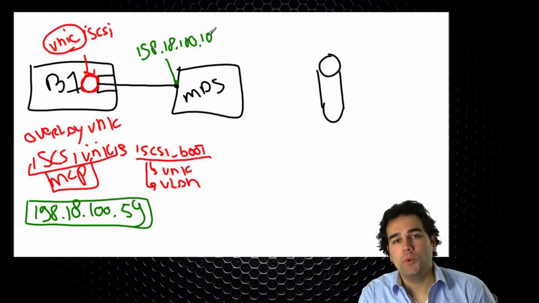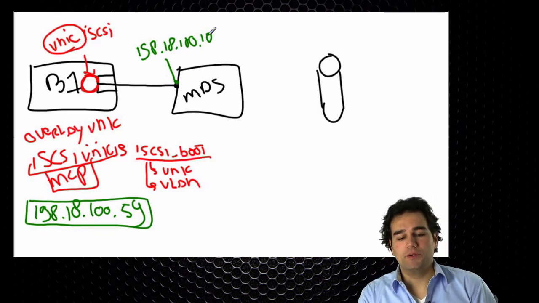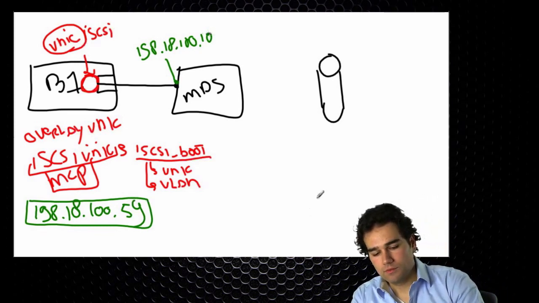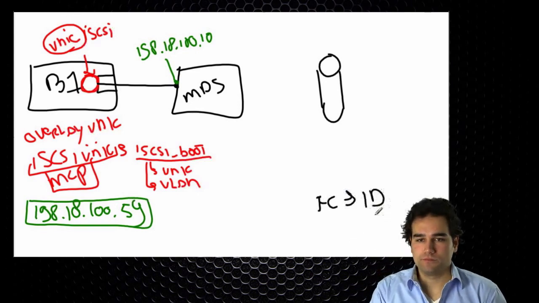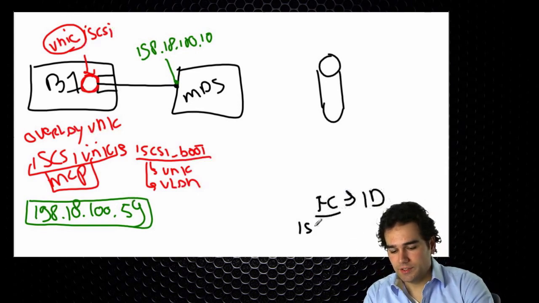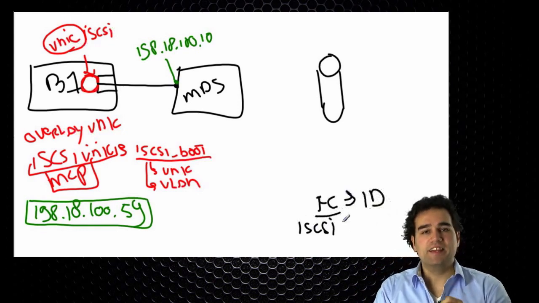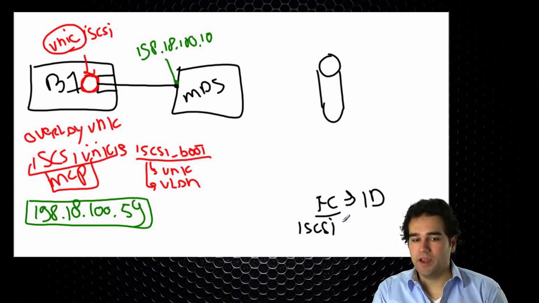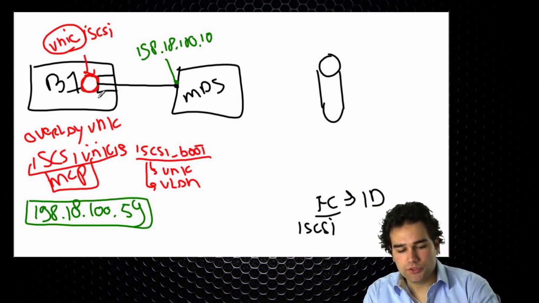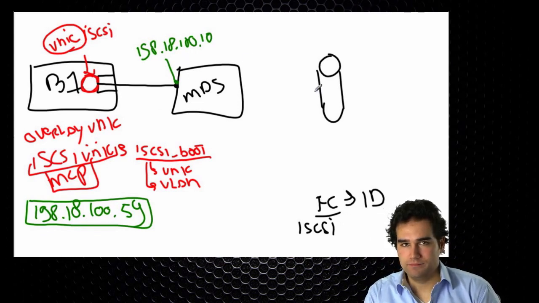Now, where do the IQNs come into play? As I said, just like with Fiber Channel, we need to identify ourselves. So Fiber Channel and iSCSI need to identify who they are on the network with a certain identifier. The IQN is the identifier used by iSCSI. So both the server and the disk have an IQN.